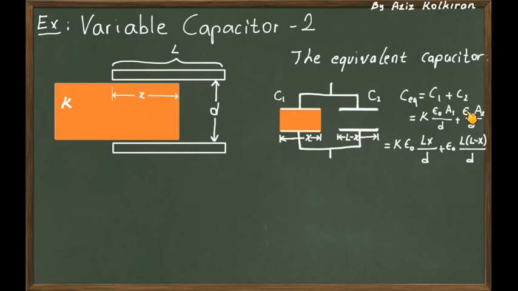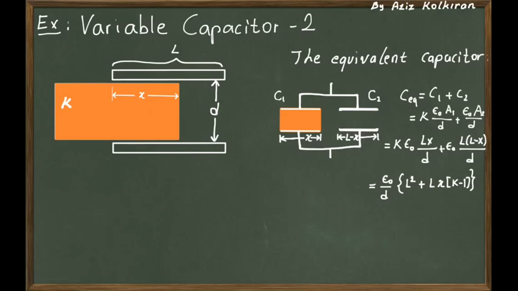The second capacitance has no dielectric, so it is epsilon 0 A2 divided by d. If you express these surface areas in terms of the sides L and x, then we have the final expression for the equivalent capacitance of the partially filled capacitor: epsilon 0 divided by d, times L squared plus L x (K minus 1).